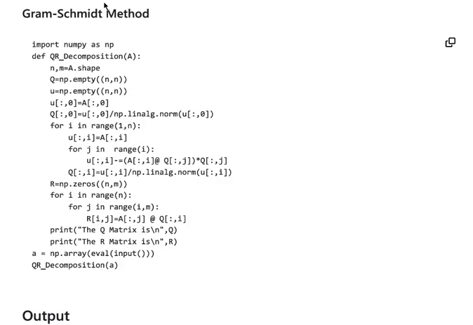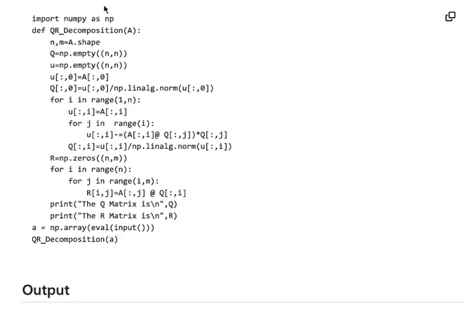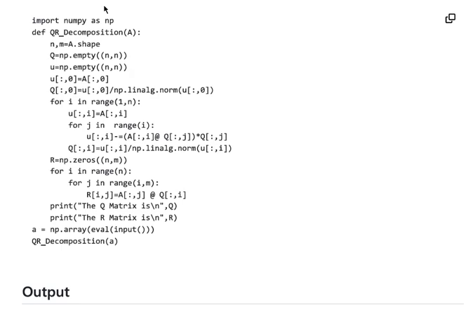And then we are actually copying the first column of A into U, normalizing it to make the first column of Q, that is Q1 equal to A1 by mod of A1, which is actually represented by U bracket is 2 comma 0 equal to A bracket is 2 comma 0, and Q bracket is 2 comma 0 and U is 2 comma 0. These are the standard syntaxes of the Python language.